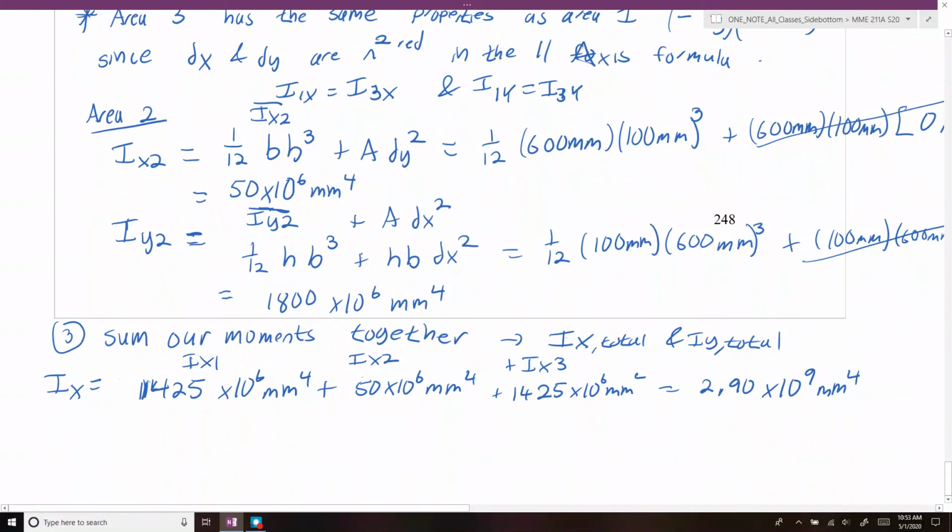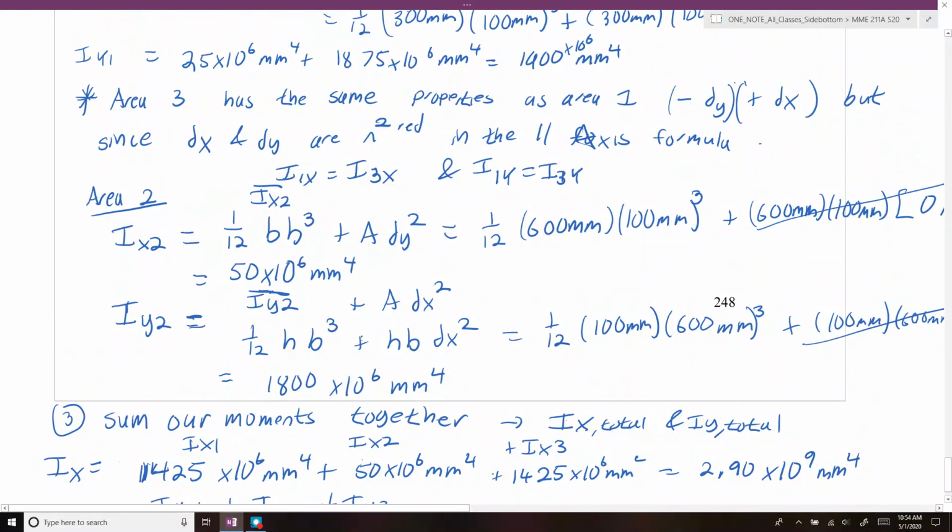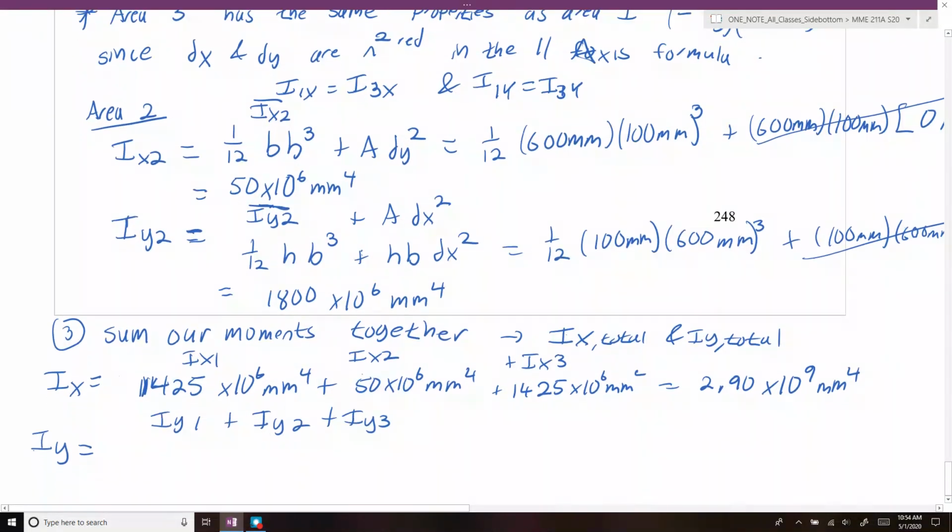And we can do the same thing for Iy, where it would be equal to Iy1 plus Iy2 plus Iy3. Iy1 we solved for was equal to 1900 times 10 to the 6th millimeters to the 4th.